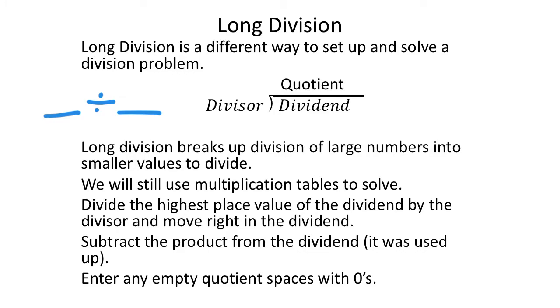And again, the question is, how many times does the divisor go into these numbers? Long division says, how many times does the divisor go into the place value, and then we tack on more place values if they are needed. Once we figure out what that quotient is by part, we multiply that by the divisor.